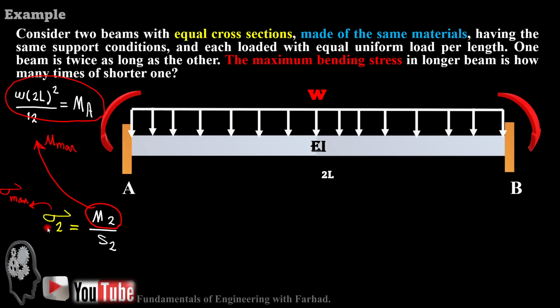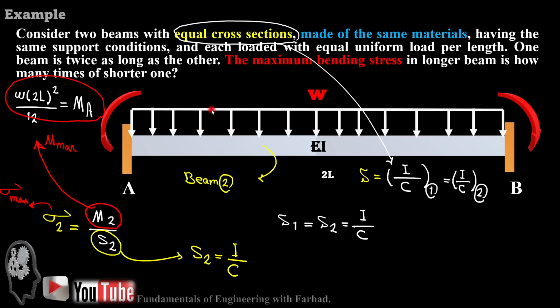And sigma maximum, which is sigma 2 for beam 2, is M2, the maximum moment in beam 2, over the section modulus for beam 2, and that's also I over C. Because of equal cross sections, if the cross section of both beams are identical, their section modulus stays the same. So I over C for beam 1 equals I over C for beam 2.